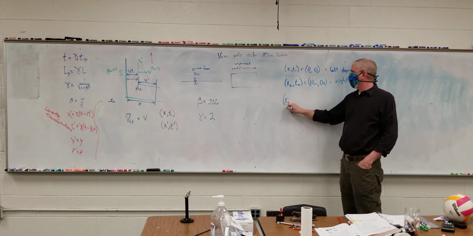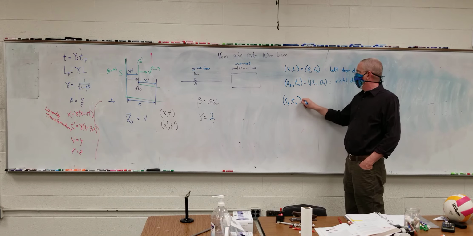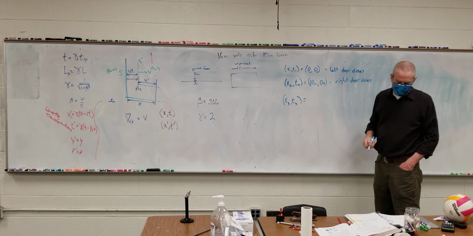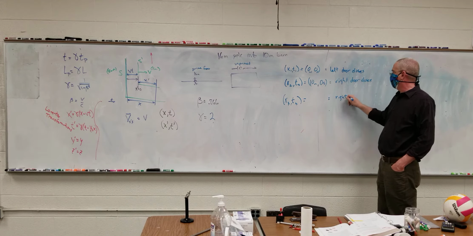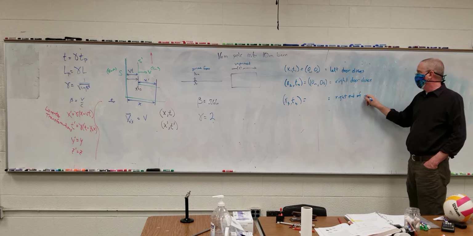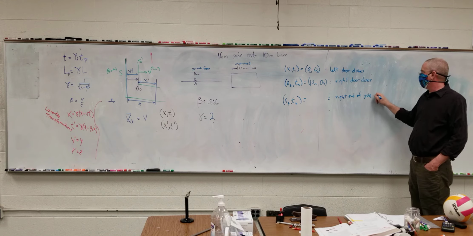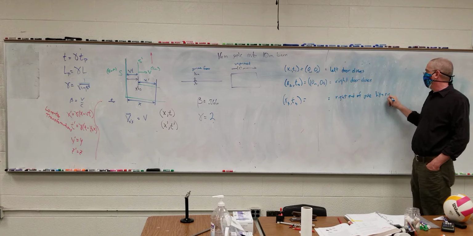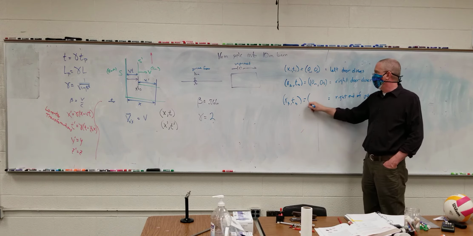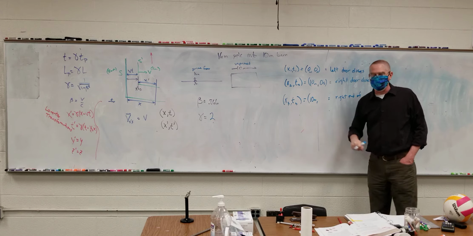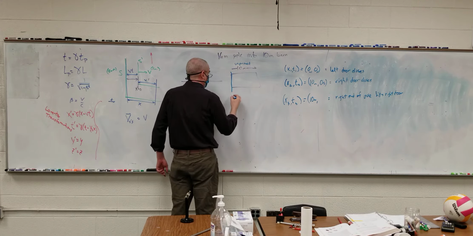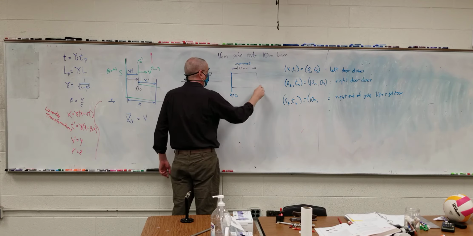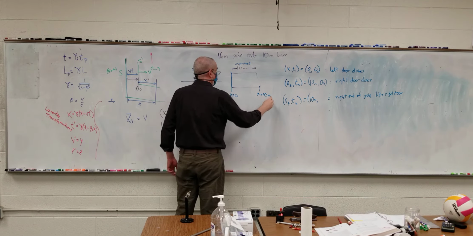And then x3, t3. This is when the right end of the pole hits the right door. That event happens at 10 meters, because this is where x equals 0, x is equal to 10 meters.